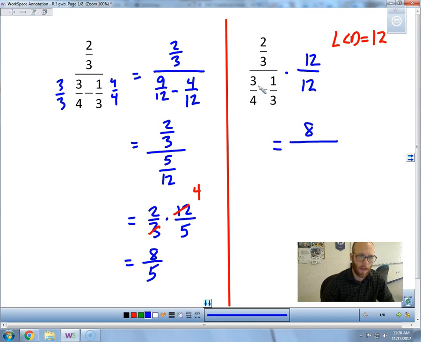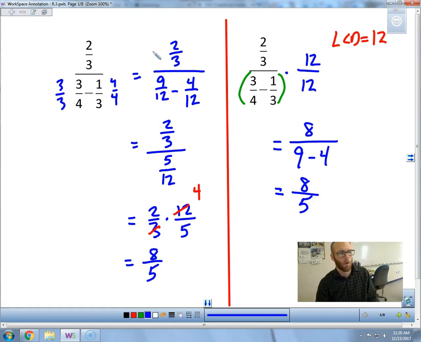Now down here I have this subtraction, so I know that I need to distribute my 12 to everything. So 3/4 times 12, 9. Minus 1/3 times 12, 4. Hey, that's 8 over 5. I get the same thing.